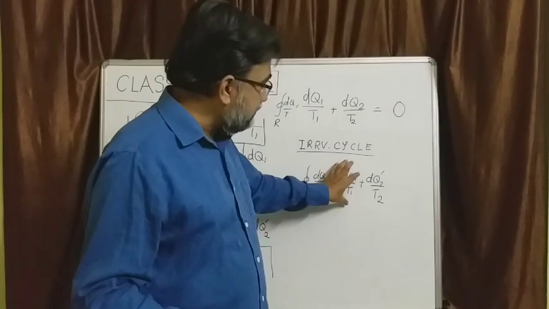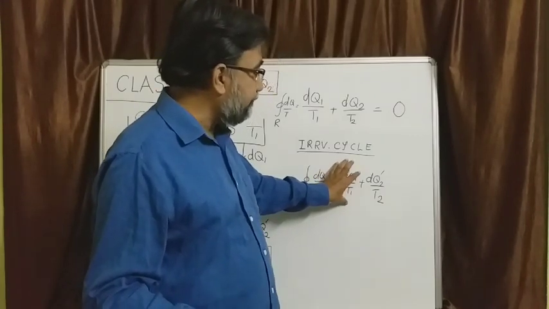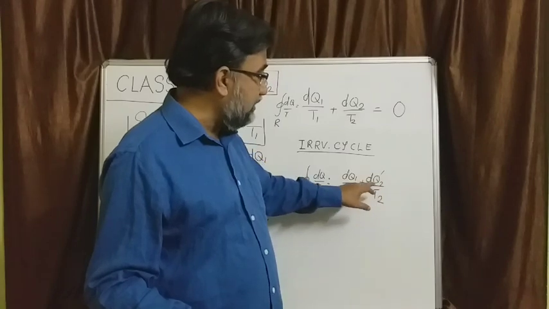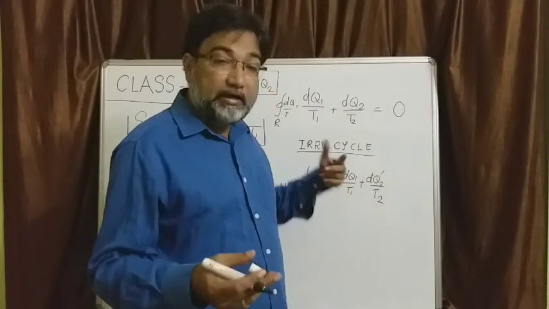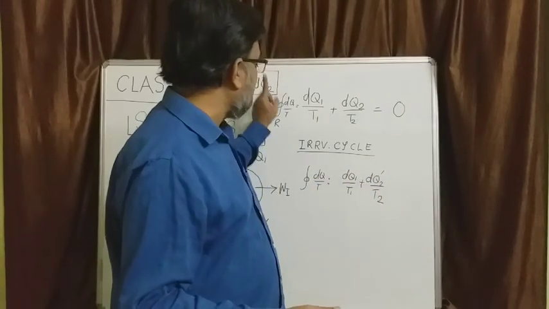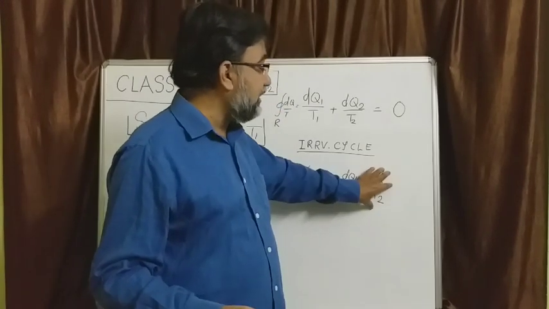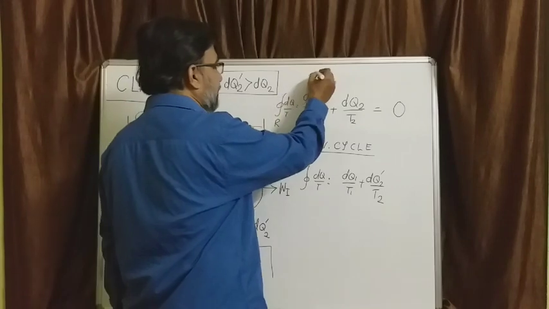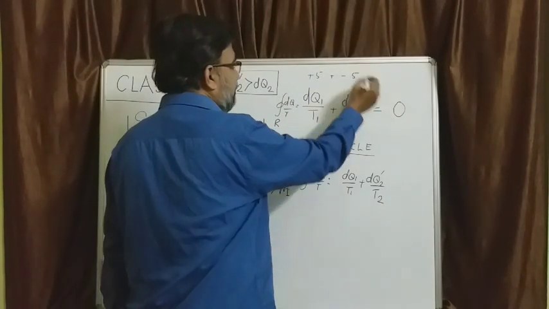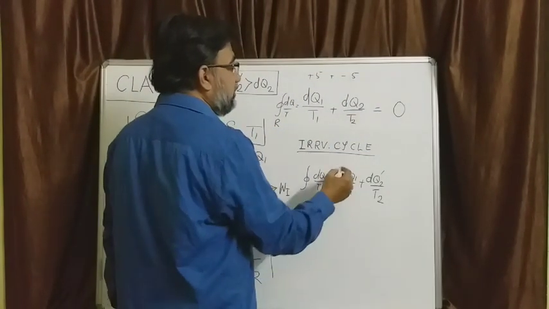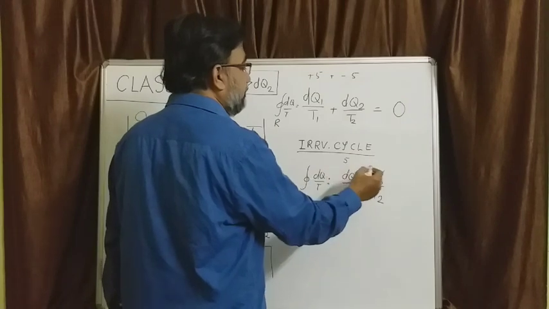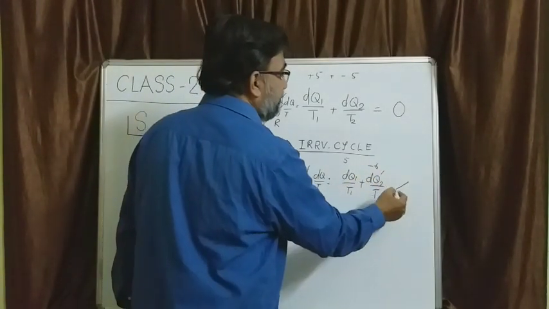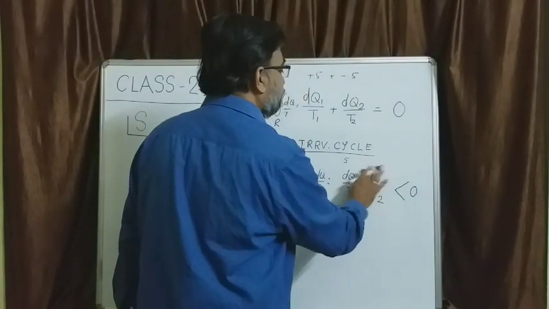Now here the same dq1 by t1 is there, and another dq2 dash by t2 is there, and this is a higher term. dq2 dash is higher than dq2, and this is negative. Suppose this is plus 5, then you are adding minus 5 here and it is giving 0. But here you are taking plus 5 and here it is minus 6, because this is more than that. So it will be less than 0.